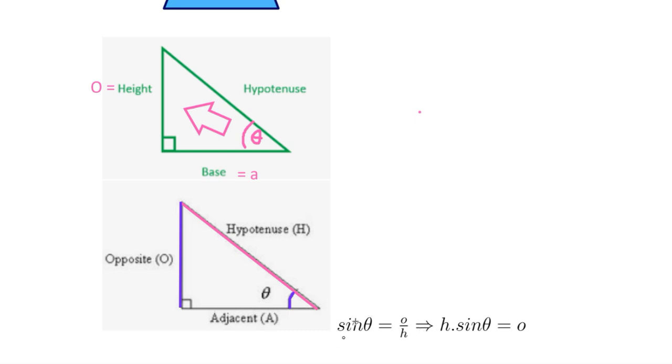I can take this concept of sine theta equals opposite divided by hypotenuse, the relationship between these three terms, and I can multiply both sides by h. If I multiply this side by h and I multiply this side by h, these two will cancel, leaving me with h sine theta equals O. And O, of course, is the opposite there. I'm going to utilize this later.